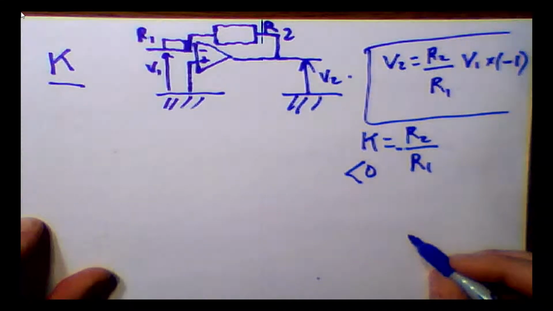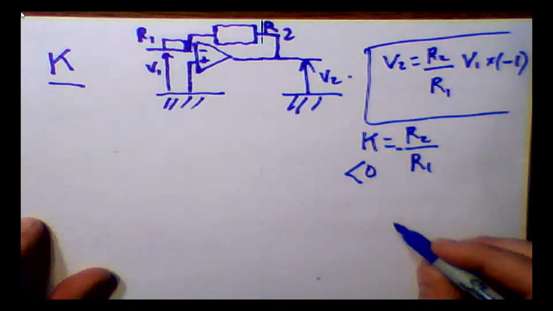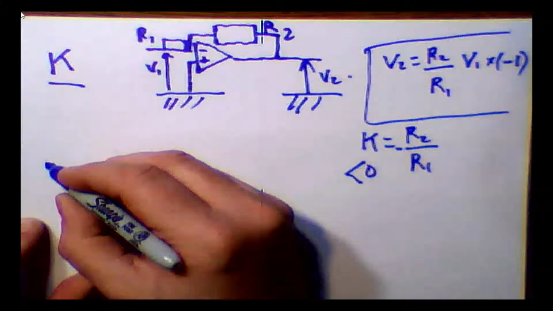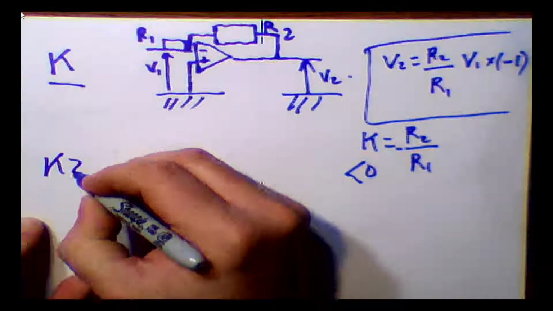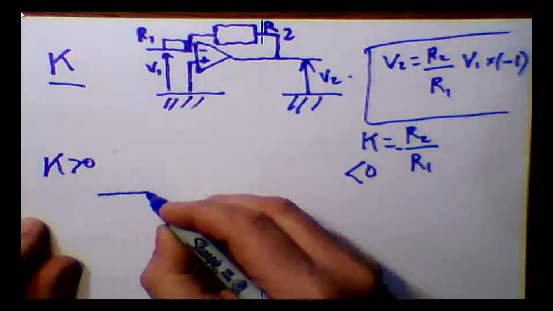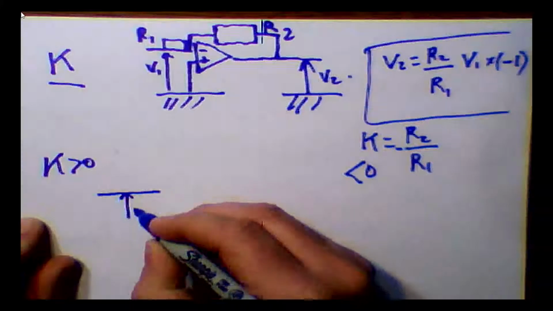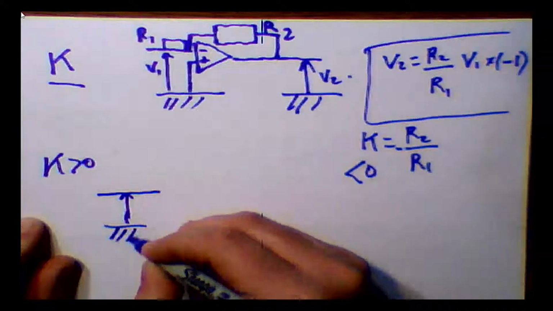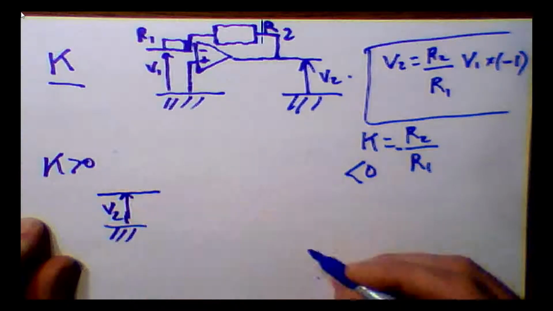So one of the ways that we can get positive K is by taking V2 and passing it through another op amp.